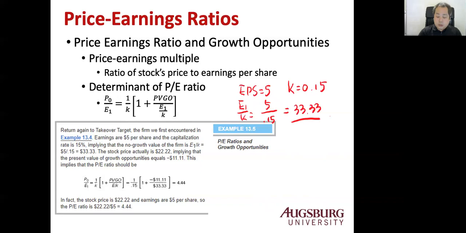And now price actually equals 22, as you remember, since the PVGO equals negative 11.11.